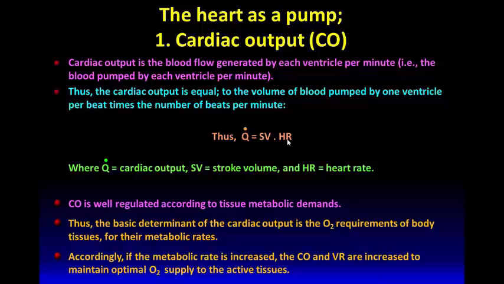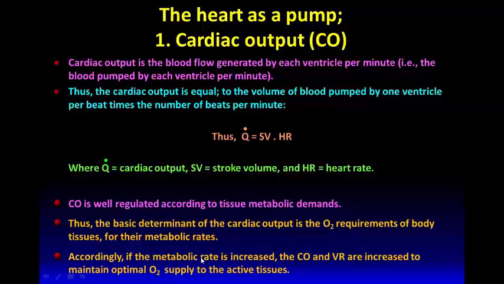Cardiac output is very well regulated, and it should be regulated according to the metabolic demands of the tissue. Thus, the basic determinant of the cardiac output is how much oxygen the tissues require for their metabolic rates.